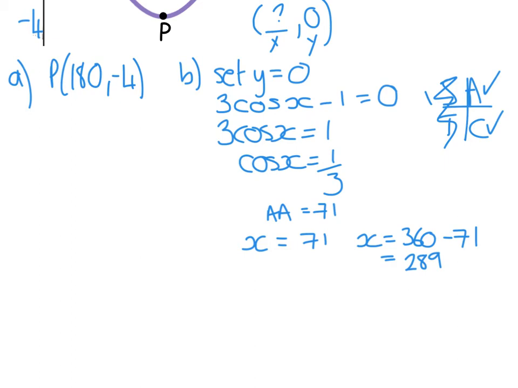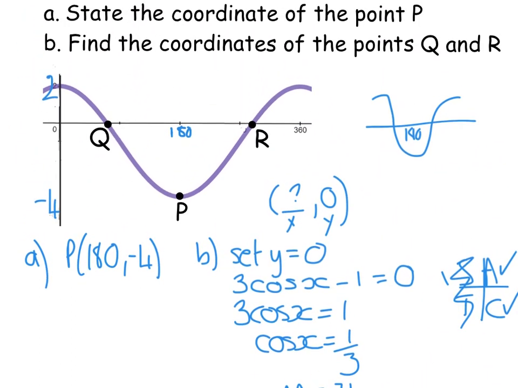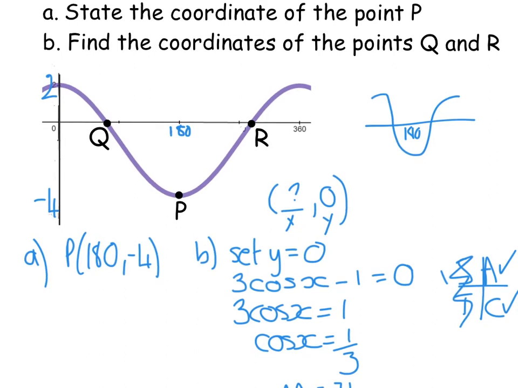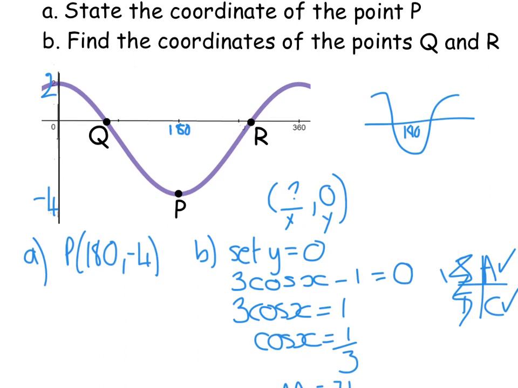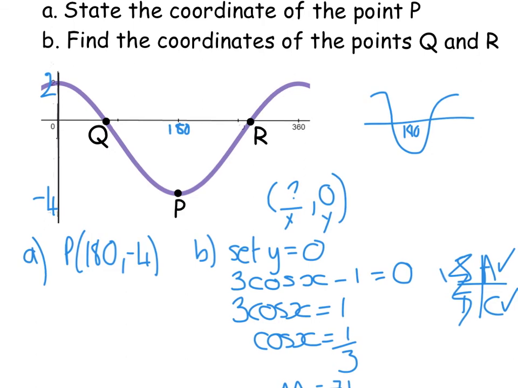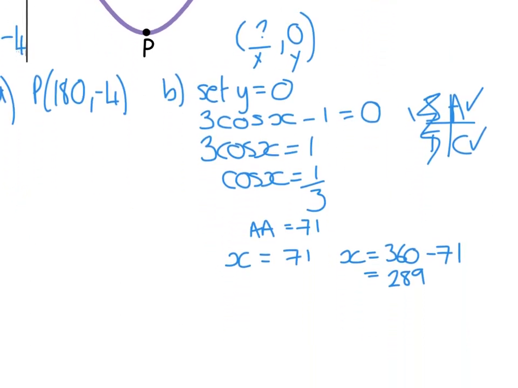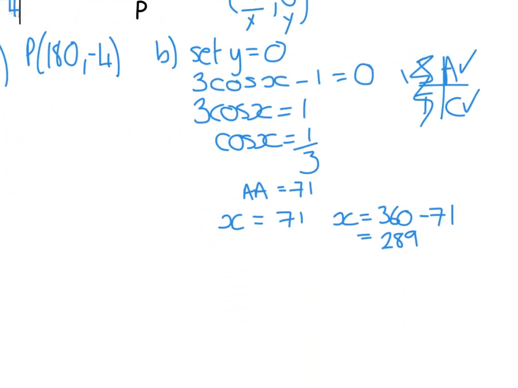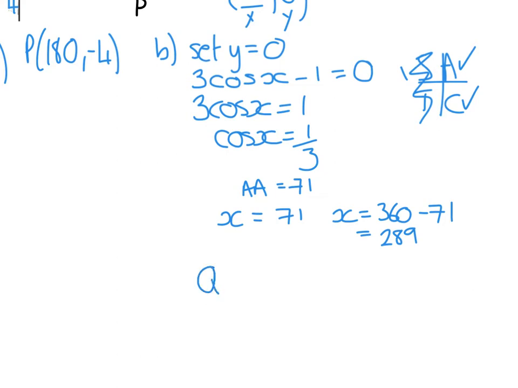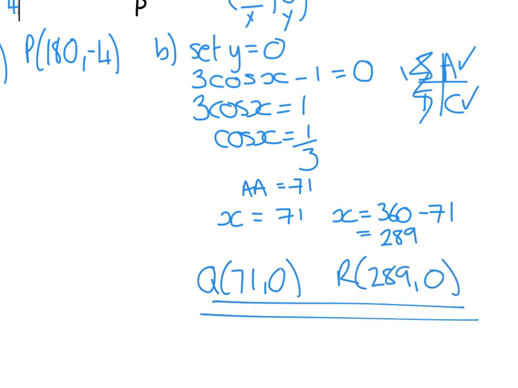So just remember that Q was the first one. Sometimes they ask for coordinates, sometimes they just ask for the x-coordinates. This one wants full coordinates, so I have to write Q and R out. Q was the first one, so that means Q was the 71, so along 71 up nothing, and R was along 289 up 0. So that is part B solved.